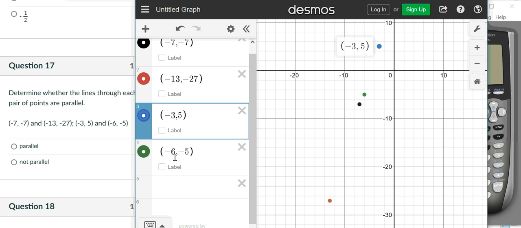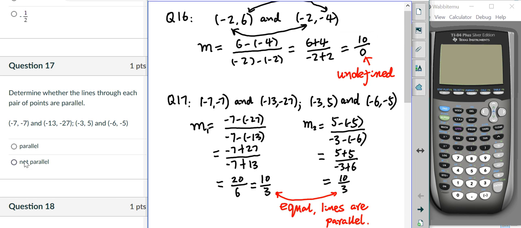And then (-6, -5) is here. You can see they're actually on the same line. Of course, they are parallel. Then the answer you want to choose is the one right here.